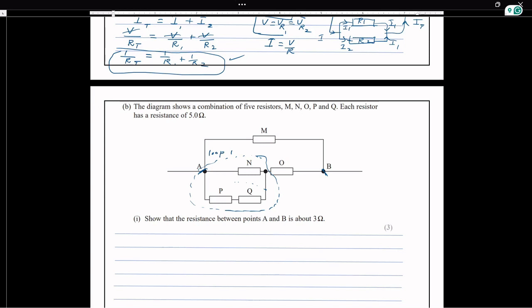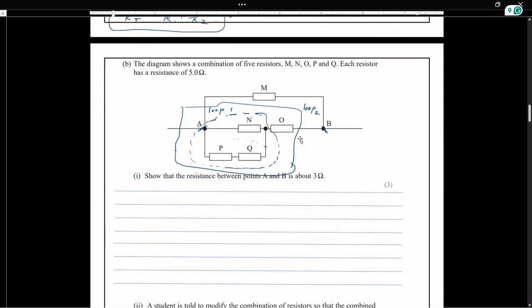Then the whole thing, including Q, the outer one, I'm going to call it loop 2. So we have two loops, loop 1 and loop 2. Loop 1 is only P, Q and N.